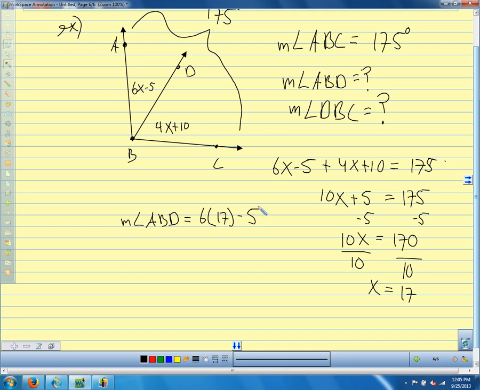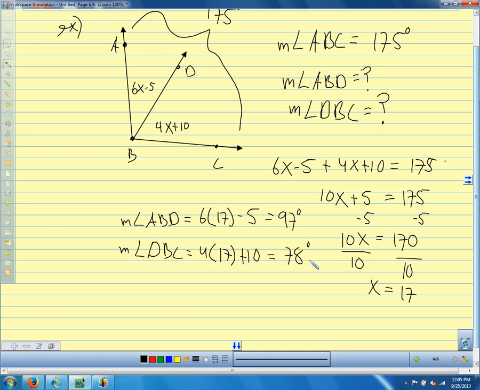When I calculate that out, I get 97 degrees. The measure of angle DBC is 4 times 17 plus 10. And when I calculate that out, I get 78.